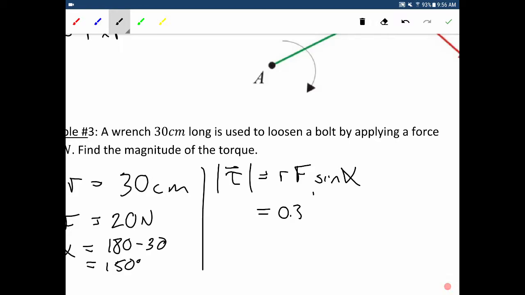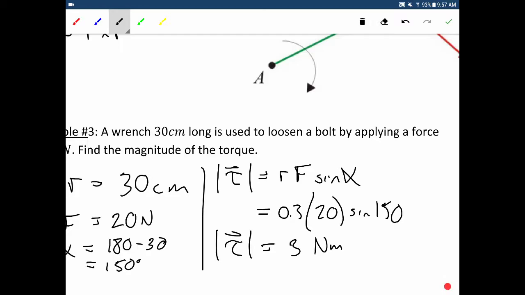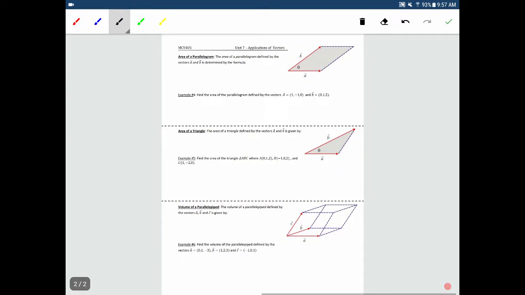And so then we'll multiply that by 20. Okay, and then sine of 150. And this will just give us 3. Now our units for torque are actually Newton meters, so it's just Nm. Which is not a unit you'll use very often, but there you have it. Okay, and that's it.